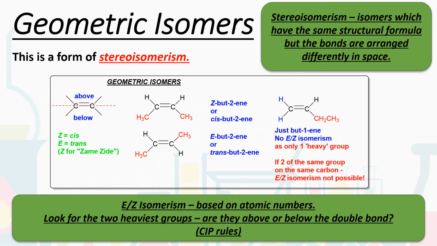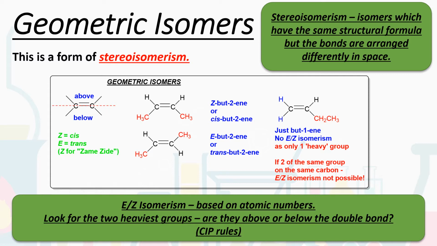And so the type of geometric isomerism we're looking at here is E/Z isomerism. And it's all based on the atomic numbers and the atomic weights of the groups that are attached to our alkene. So what we want to do is look for the 2 heaviest groups that are attached to our alkene. And then we want to see, are they above or below the double bond? If we draw a line straight through that double bond, are they above or below it?